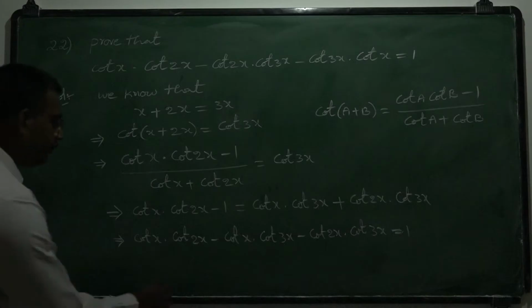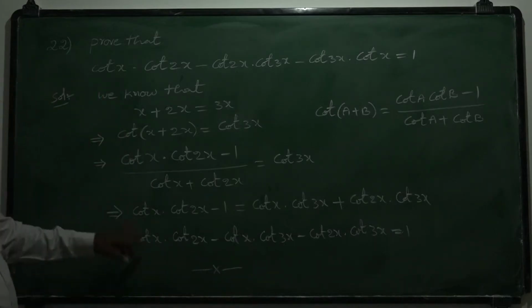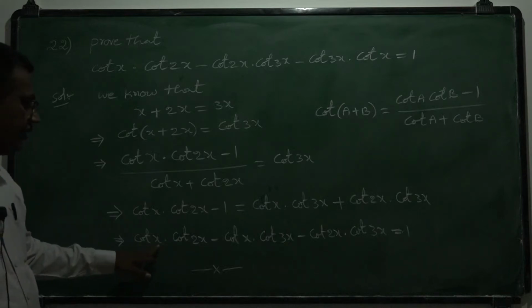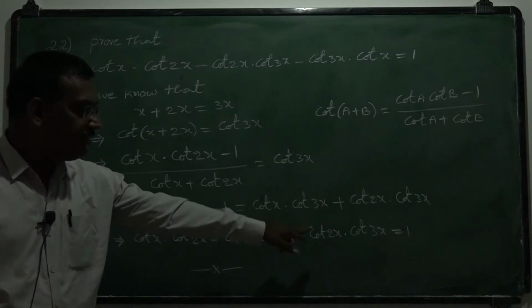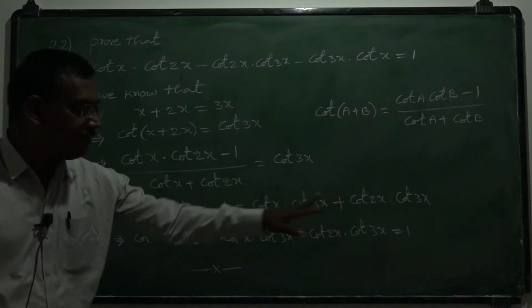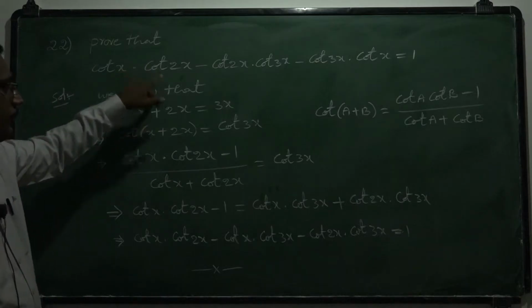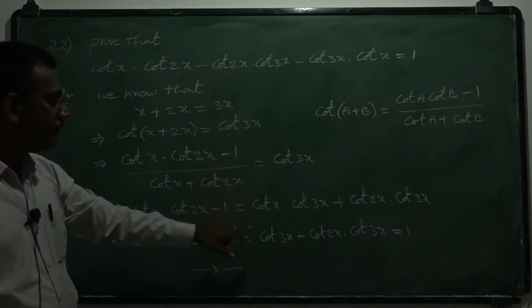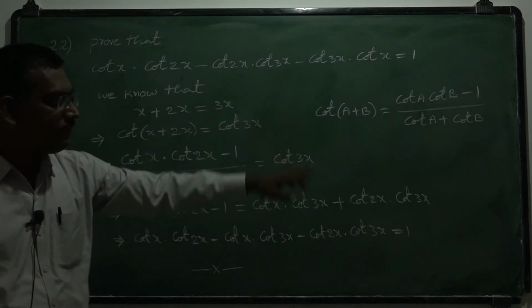So hence proved. Therefore this is equal to the given statement: cot x into cot 2x minus cot 2x into cot 3x minus cot x into cot 3x is equal to 1.